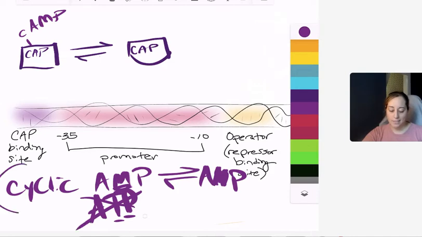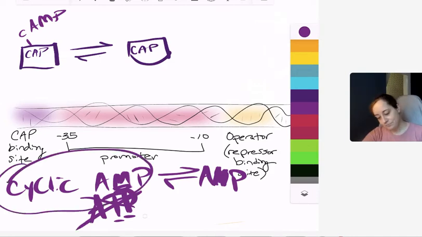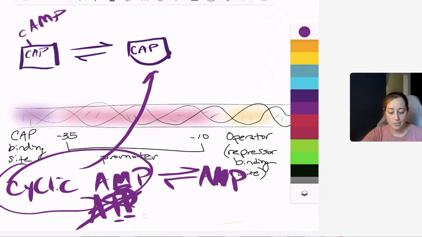So when we have cyclic AMP, that can then attach to the cap binding protein. Or maybe a better way to draw this would be to do this. Cyclic AMP attaches to cap, and then when that happens, then we convert this protein into this other configuration so that it can then bind at the cap binding site.